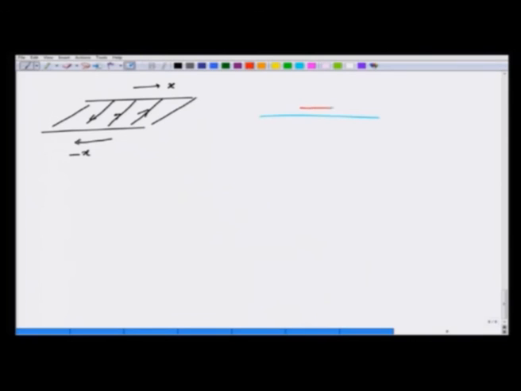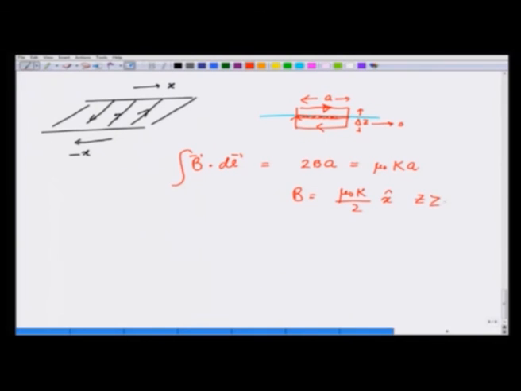And if I take a loop like this, where this distance is very, very small, delta z almost tending to 0, then B dot dl across this loop will give me, if I take the length of this loop to be a, it will give me 2 BA, and this should be equal to the current enclosed by this loop, which is going to be I, since this length is a, is going to be by definition of surface current K A times mu 0, and this immediately gives you B equals mu 0 K over 2 x for z greater than 0 and is equal to minus mu naught k by 2 x for z less than 0.